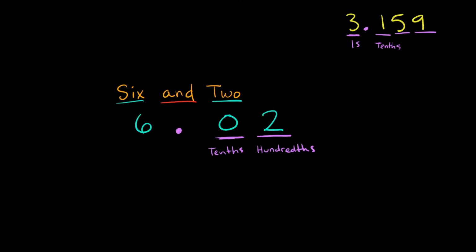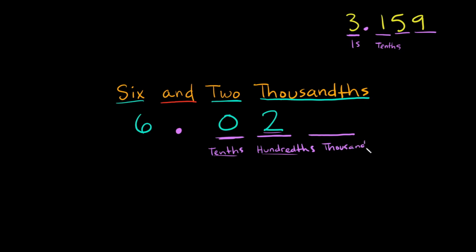Okay, and just to make sure you can see the pattern, let's get rid of this hundredths, and instead let's say we had thousandths. Okay, so here now it says 6 and 2/1000ths. So again, that means this 2 right here has to go in the thousandths place, which it's not right now, right? We'd have to move over one spot right here, because this is the tenths, hundredths, and then right next to it, right here, is the thousandths place.